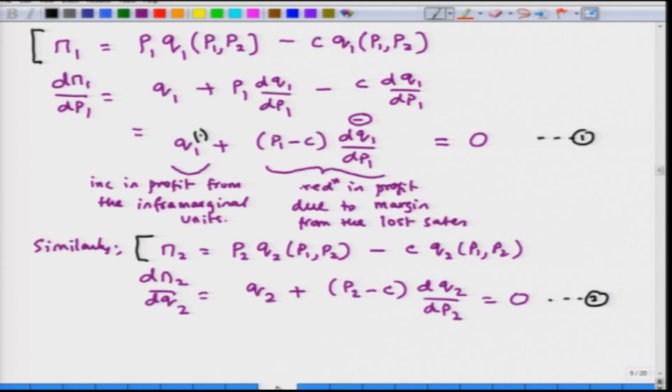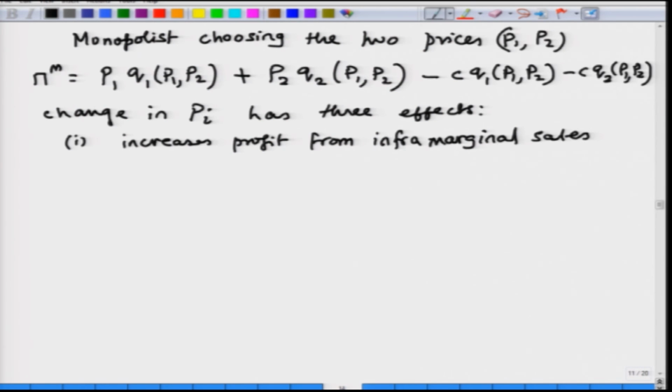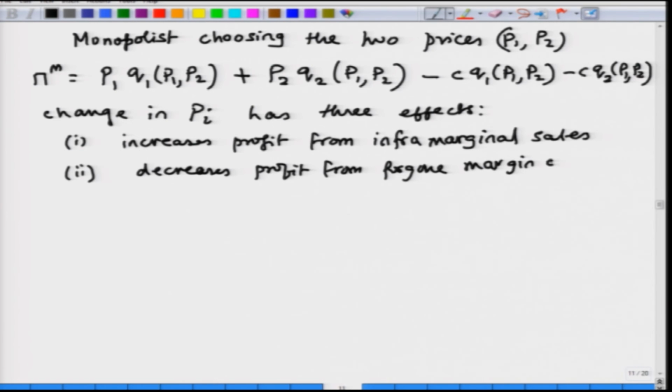So, we had the first condition, which is that the increase in P1 leads to an increase in profit. These were the inframarginal sales, right. The second condition is that an increase in P1 leads to a reduction in the quantity of its own product. So, I lose the margin from the lost sales, right. So, it decreases profit from foregone margin on lost sales.